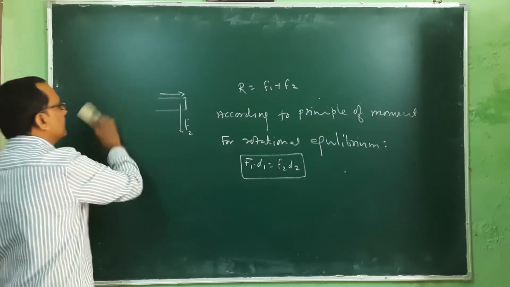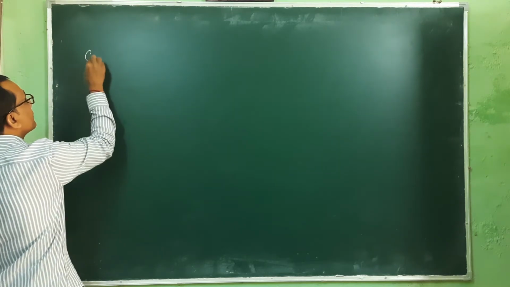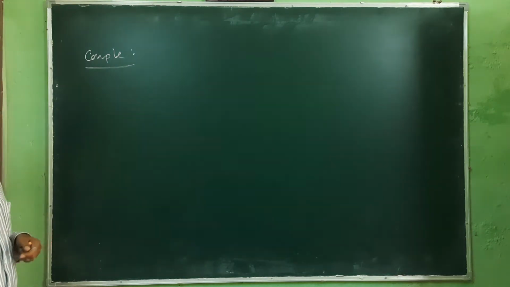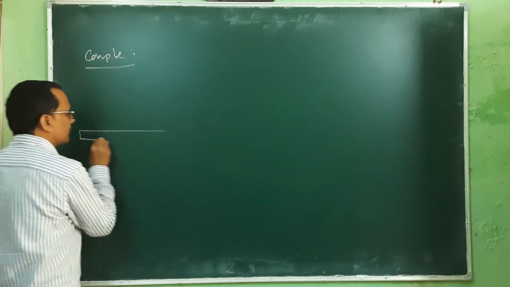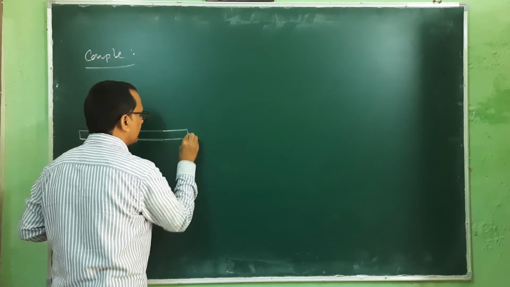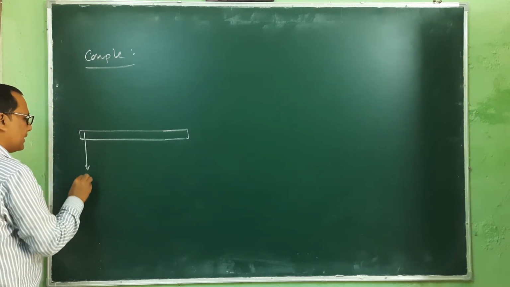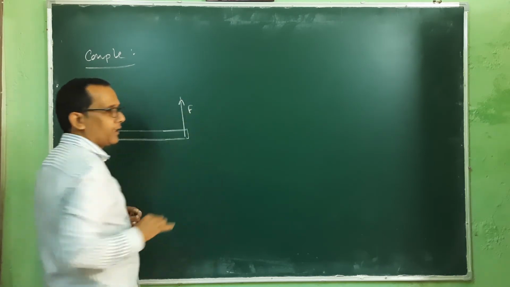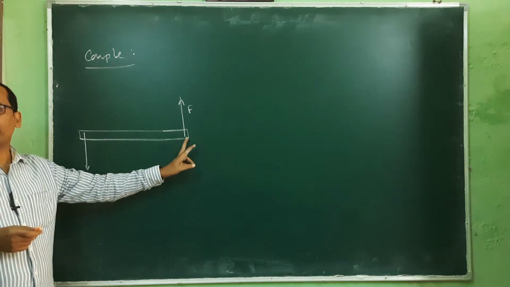Now let us look at another term, that is couple. If we have this one rod, and one force is applied along this, that is F, and another force is applied at a particular distance, that is also F. Remember, these two forces are identical.